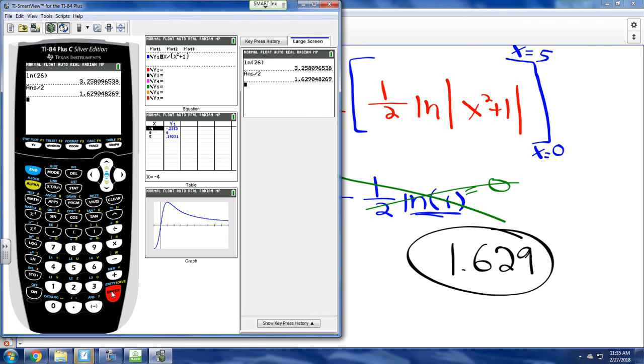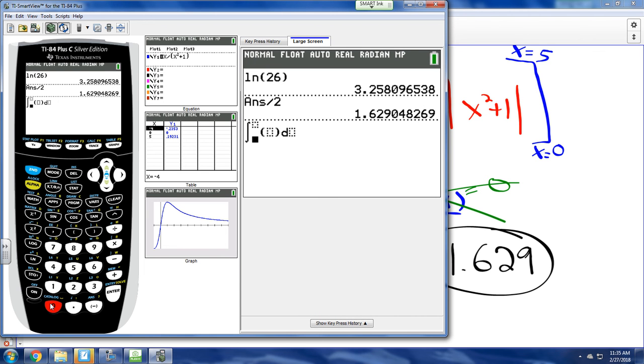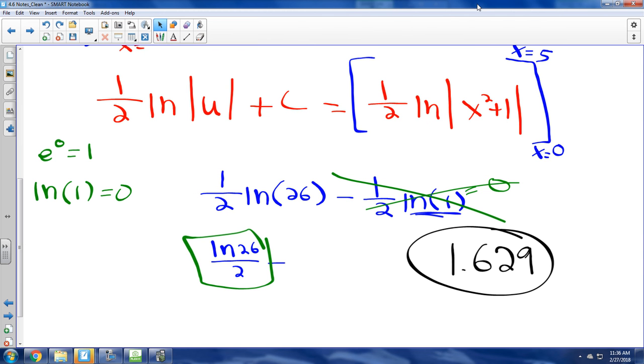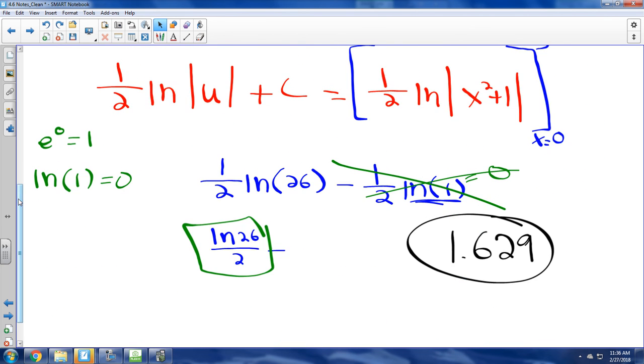And now the way we could probably check that we integrated correctly is we can go to Math 9. We could type in the, so 1.629, we'll come back to that. Okay, cool. So we got a 0 there, we got a 5 there. We're integrating, let's go back to the top, x over x squared plus 1.